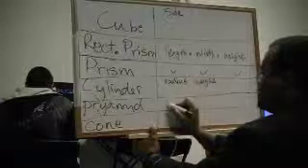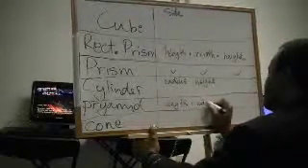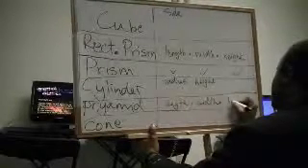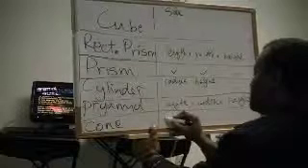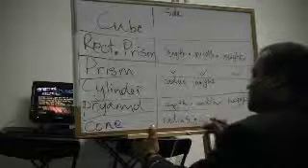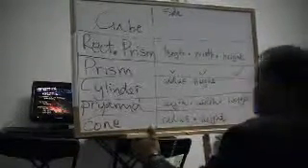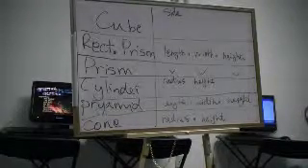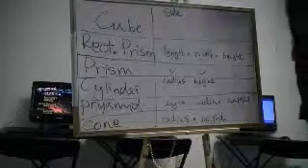For a pyramid, I need to know length, width, and height. For a cone, I need to know radius and height. Okay, so here's all you need, and you just apply the formulas.